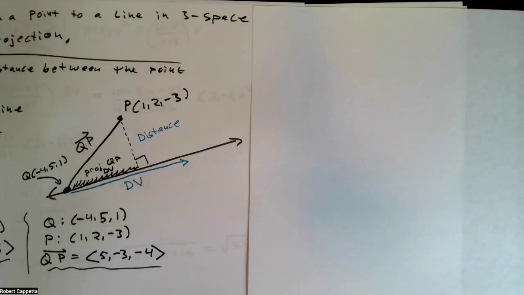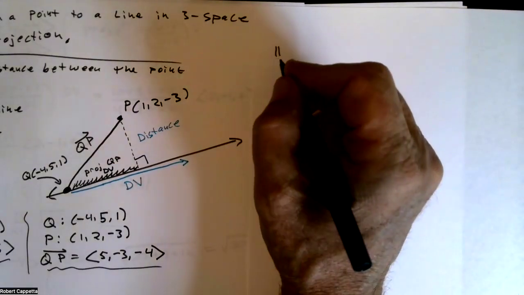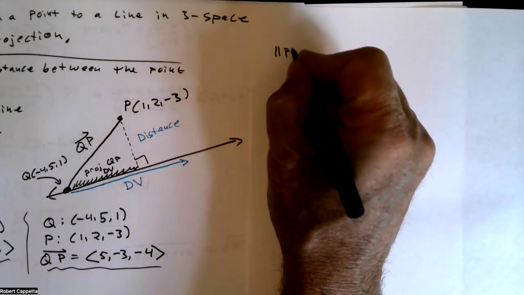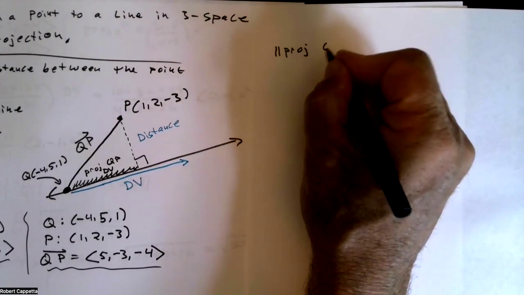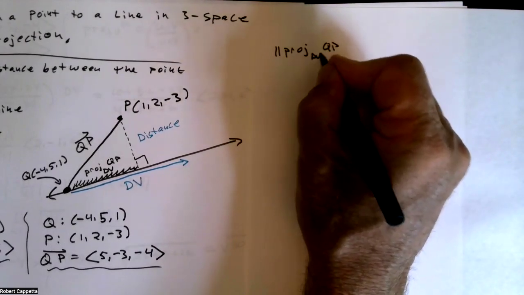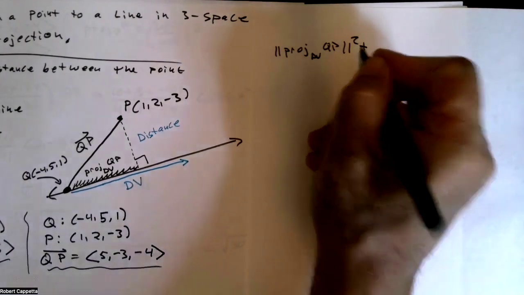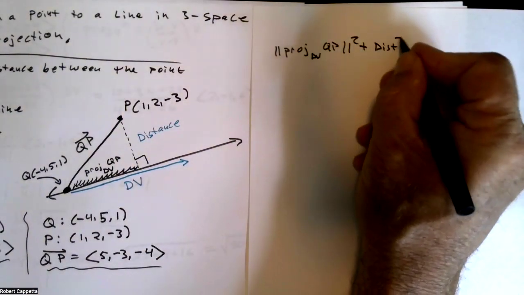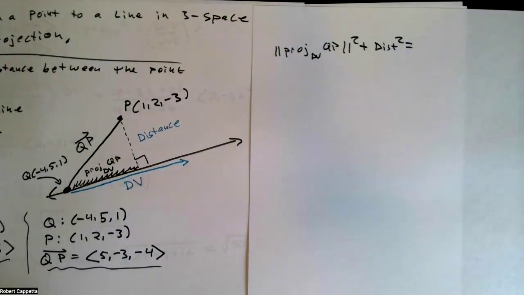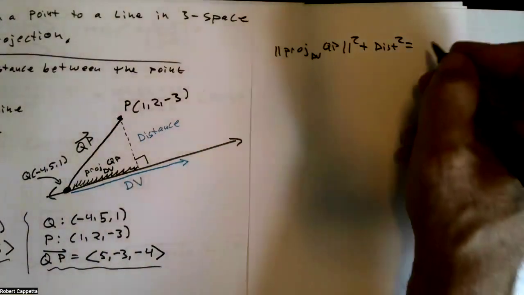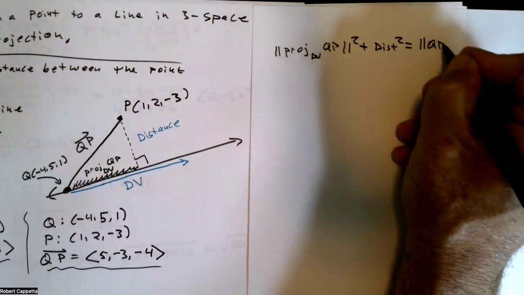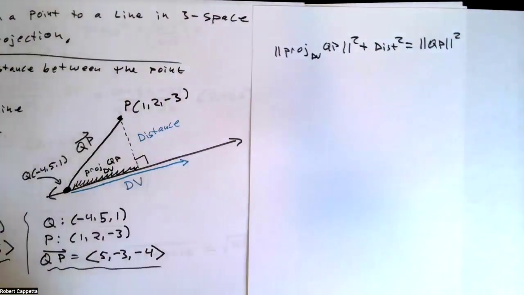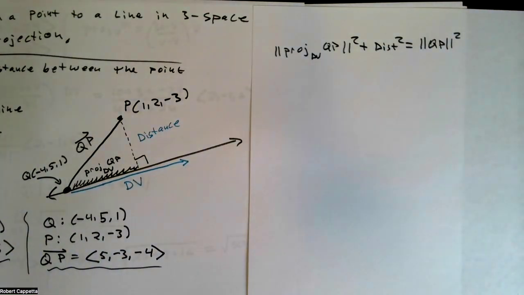So looking at those three sides of the triangle, I need the magnitude of the projection of QP onto dV squared plus the distance squared equals the magnitude of QP squared. A squared plus B squared equals C squared.